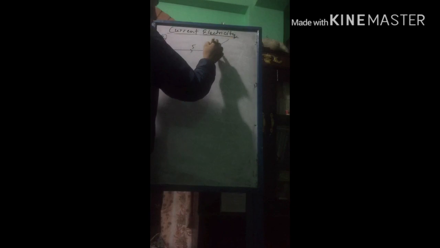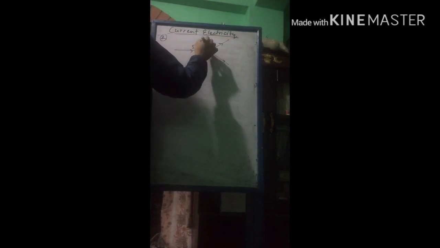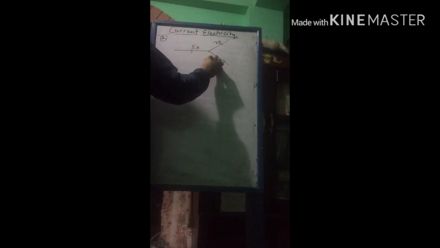Let us consider here, if 5 ampere of current comes from here and then it is dissociated in this direction, suppose 3 ampere goes in this line and 2 ampere will be there, so it is dissociated into 3 ampere and 2 ampere.